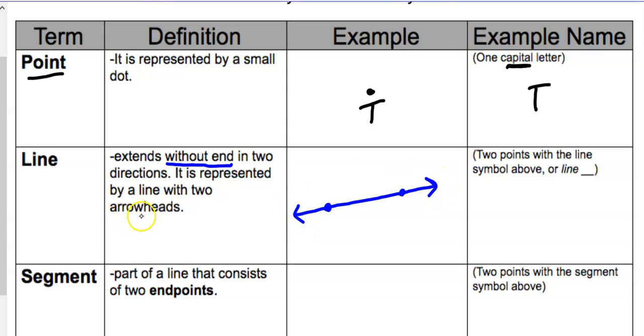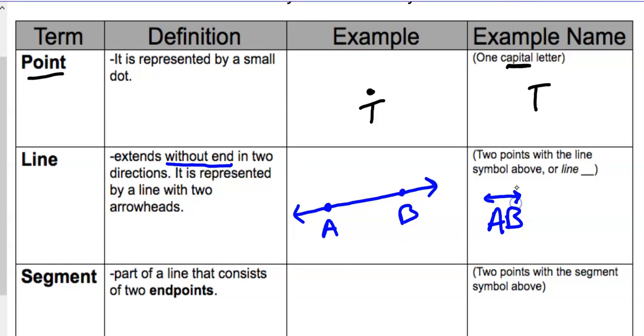Okay, and again, we use arrowheads to represent that. And there's two different ways to name a line. We can either use 2 points. So in this case, I have 2 points on my line, A and B. Now there's an infinite amount of points on here, but these are ones that are highlighted. Now if I just wrote AB like this, that would not be correct. I actually have to put a little line above it.